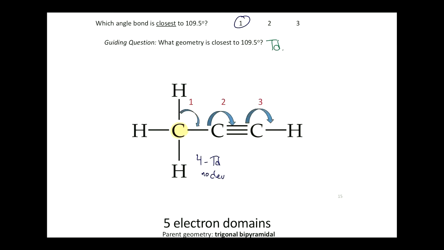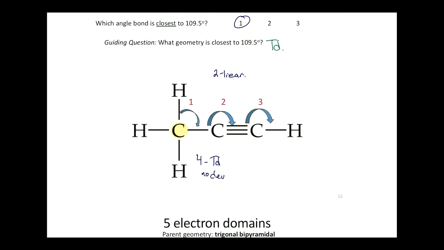So bond angle 2. What do we think that is? How many electron domains? 2. So what shape is that? Bent? No, it's linear. 2 dots always make a line. So it's linear. So now the question is, are there any deviations?